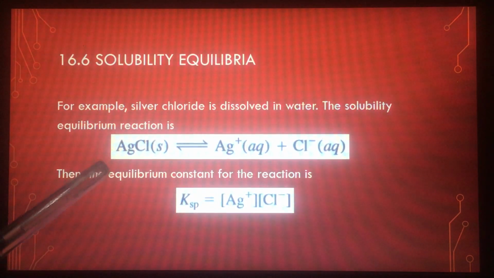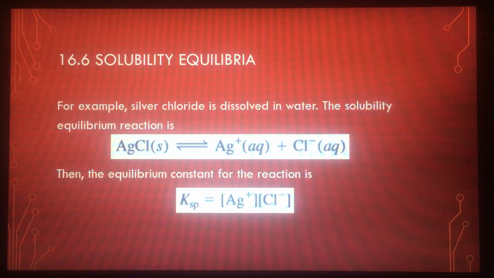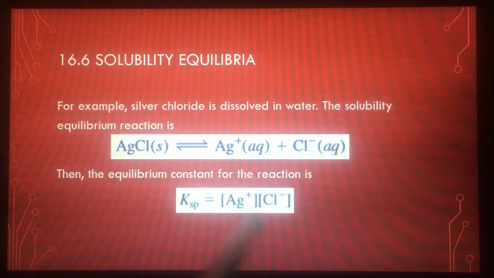But take note, not all of the silver chloride will be dissolved since it is insoluble in water. Only a very, very small part of the silver chloride solid is dissolved in the solution. But still we have these ions.